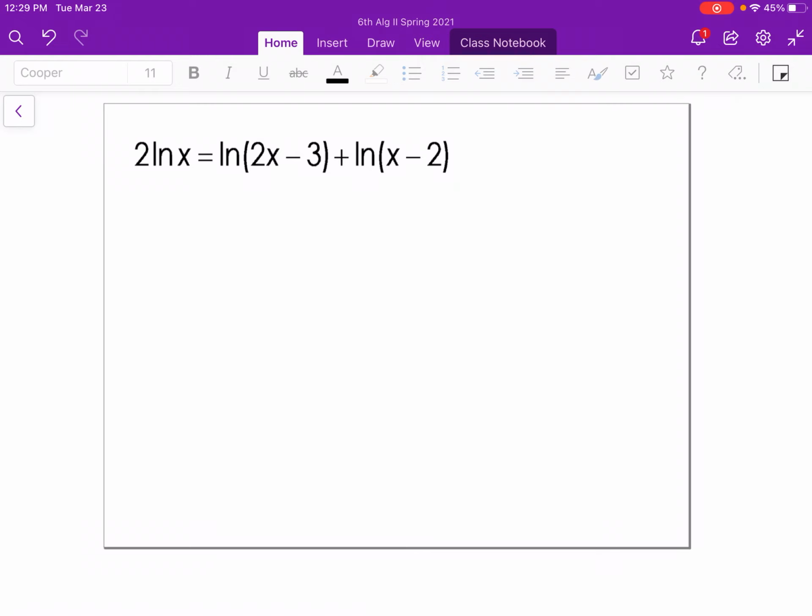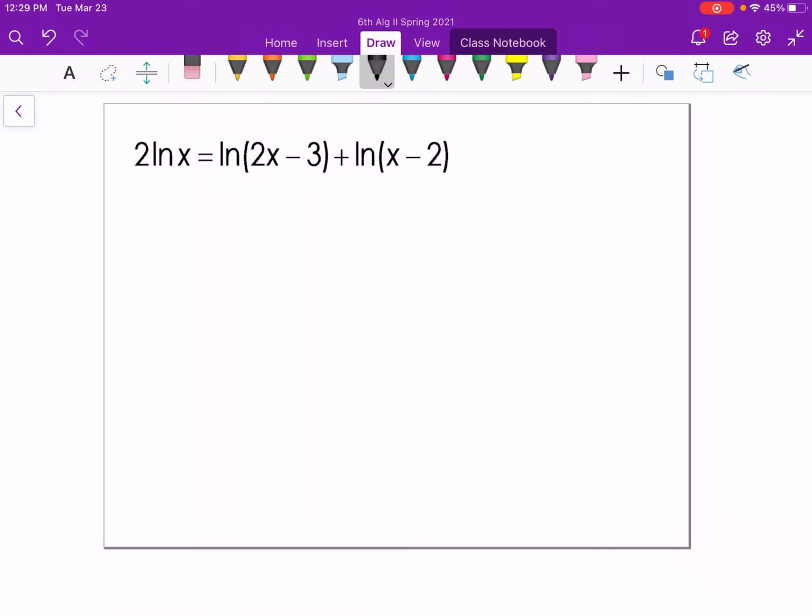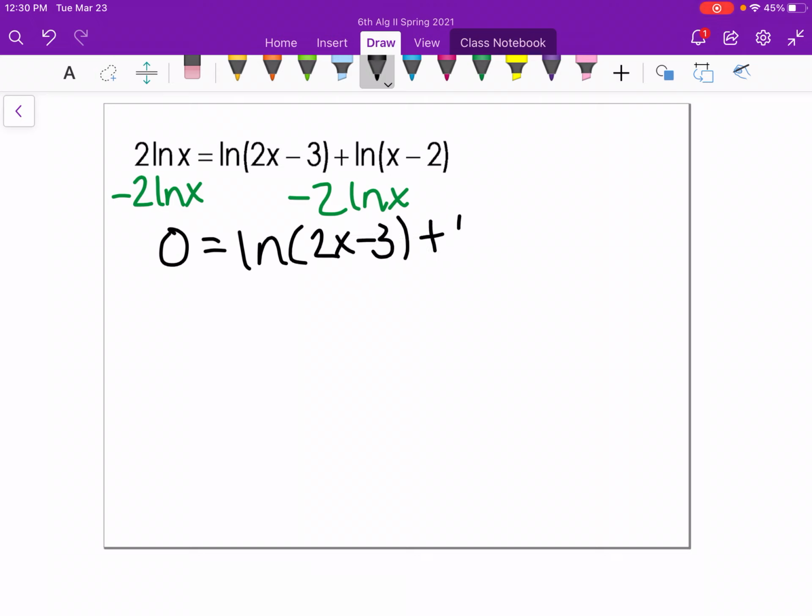And then the last one, I have 3 logarithms here. The easiest way to deal with this is to get them all on one side and then use properties of logarithms. So I'm going to subtract 2 natural log of x. So I have 0 equals natural log of (2x minus 3) plus the natural log of (x minus 2) minus 2 natural log of x.